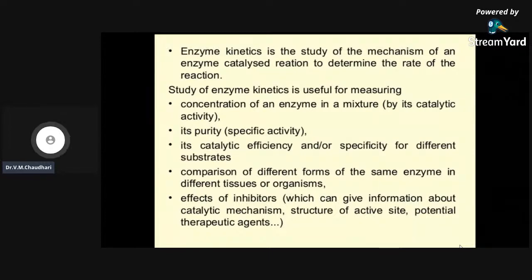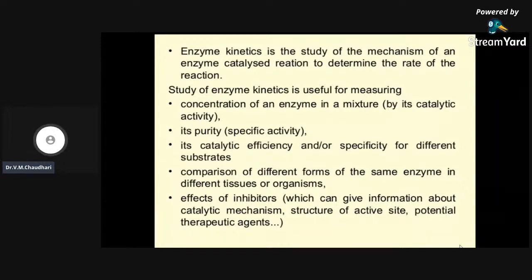So, enzyme kinetics is the study of mechanism of an enzyme catalyzed reaction to determine the rate of reaction. Enzyme catalyzes reaction, converts substrate into product. So the determination of rate of the reaction is the enzyme kinetics.